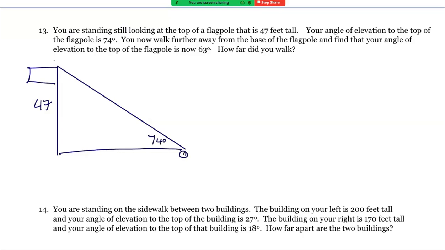So this is where we are initially. You now walk further away, then you turn around and look up again, and you find that your angle of elevation is now 63.